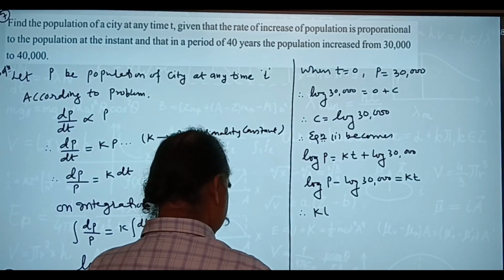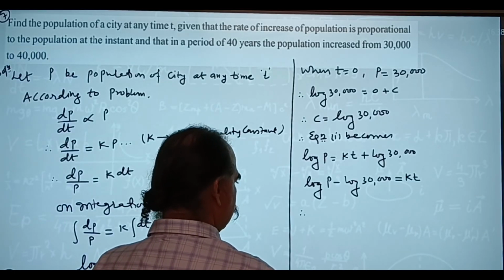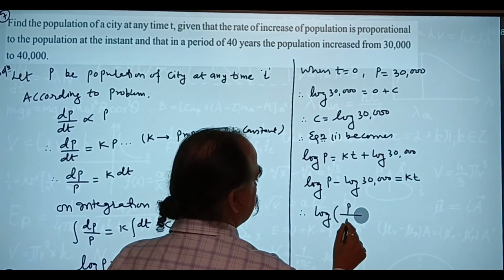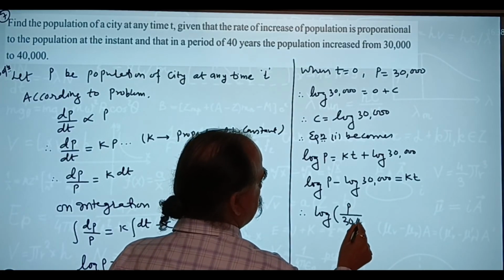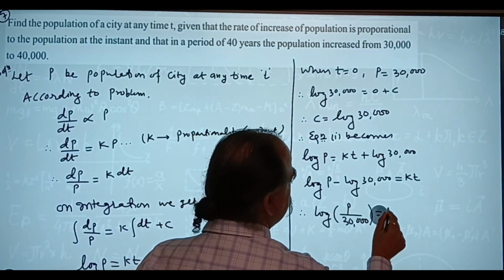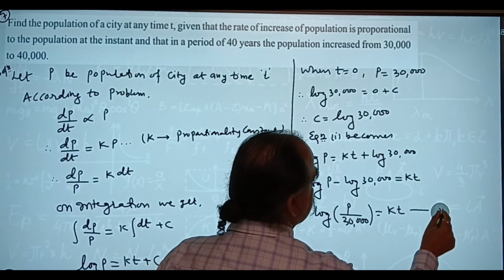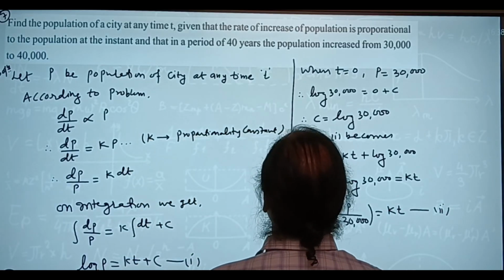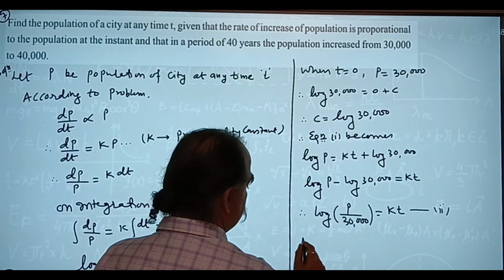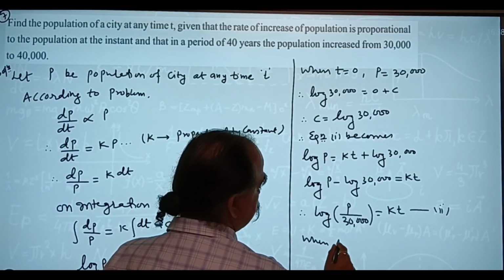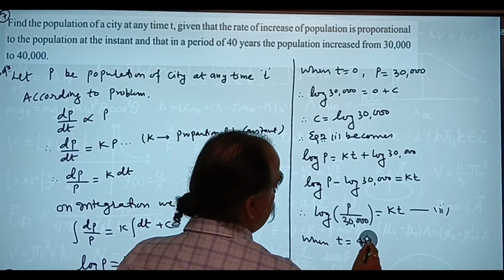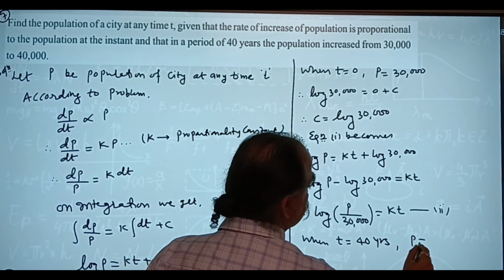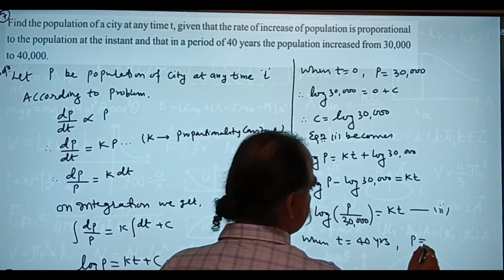Log P by 30,000 is equal to KT. This is equation number 2. Further, what they are saying: in a period of 40 years, when T becomes 40 years, P becomes 40,000.